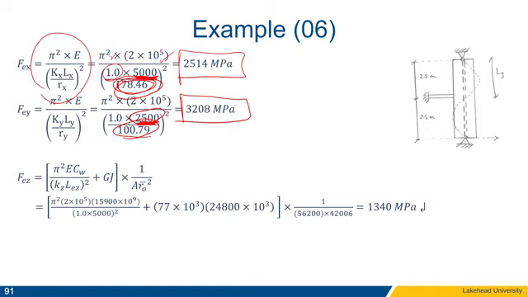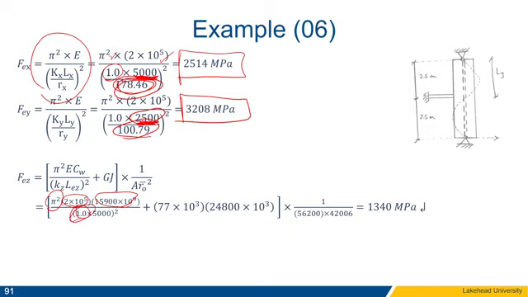Once we have the FEX and the FEY, we still need the FEZ to compare the three values, and FE will just be the minimum of the three values. As usual, FEZ is a lengthier calculation, but hopefully easy. So we have pi squared, the E constant, and CW, which is just the CW that we extracted from the tables, because for the built-up section we assumed that the plates will not significantly influence the CW and the J values.